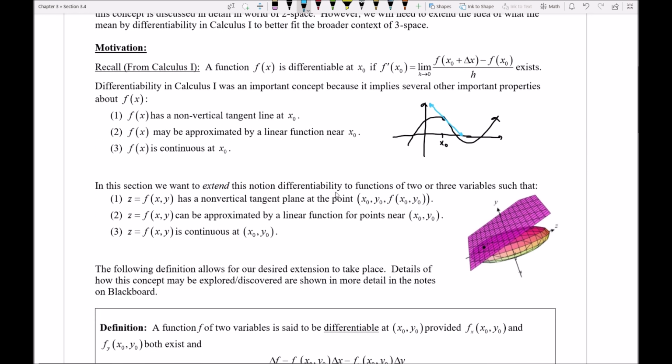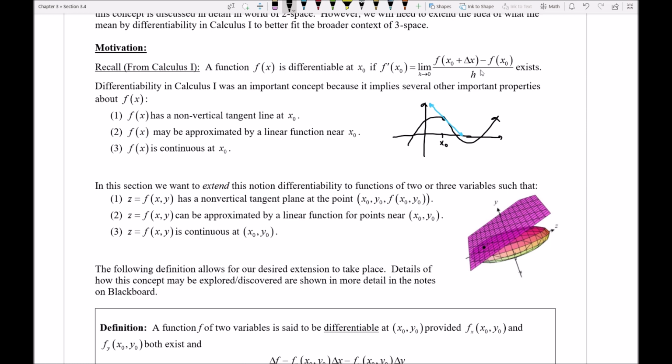We want to extend this notion of differentiability for functions with 2 or even 3 variables. We'll focus for the moment on functions with 2 variables. So, what is it that I need to have? Let's suppose that I have some sort of a surface. If I wanted to know if this surface is going to be differentiable, say at this point that I have down here, what I would need to be able to have is some sort of a derivative or derivative-like thing existing.